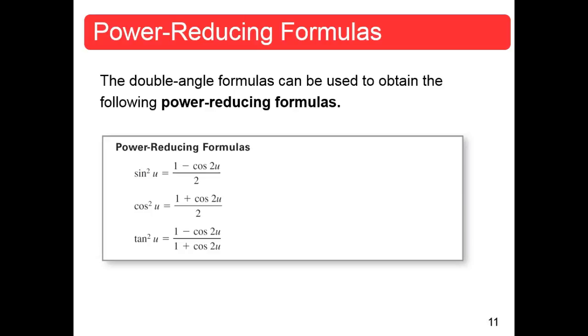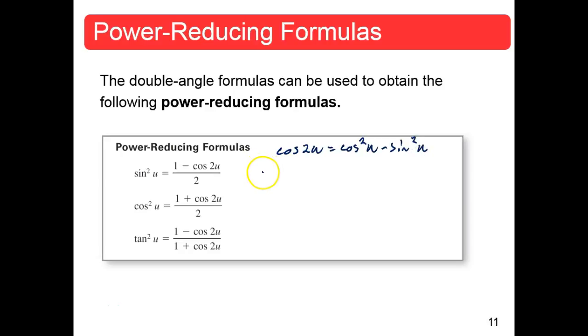One of these is the cosine double angle formula. Let's start with that one. What is cosine 2u? Remind me. Cosine squared u minus sine squared u.